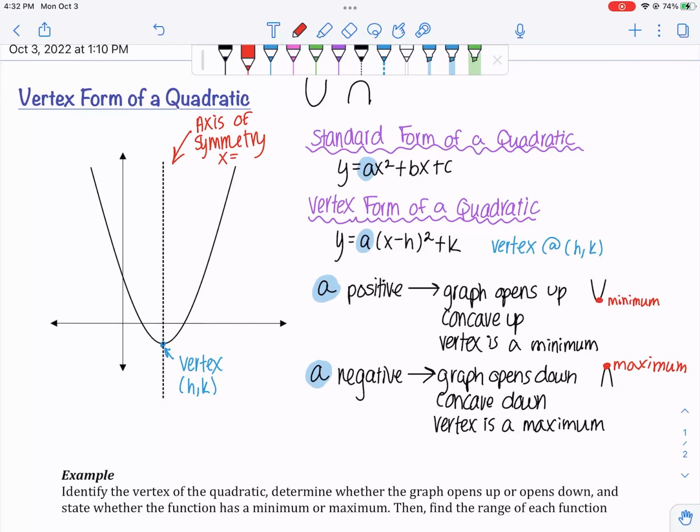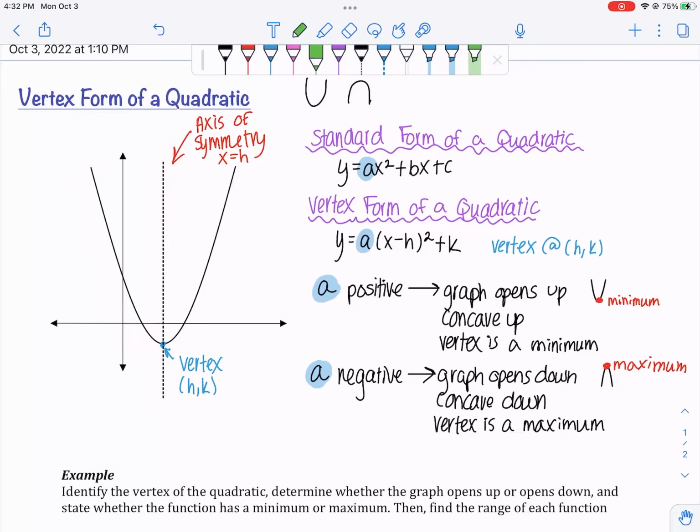It is a line with the equation x equals h, where h is the x coordinate of its vertex. We don't typically draw the axis of symmetry in, but it's telling you that these graphs are symmetric about this line.